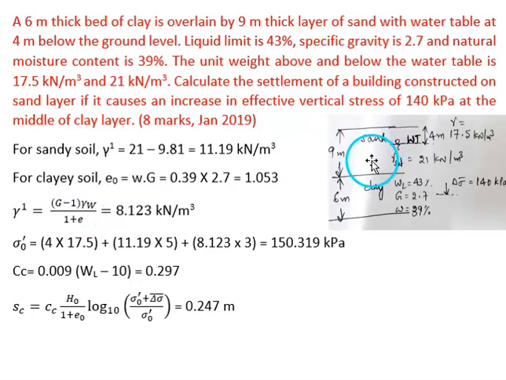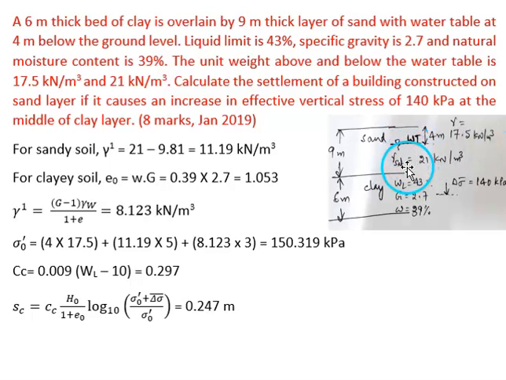So here two layers are there, a sand layer and a clay layer, and it is asked to estimate the consolidation settlement. Since consolidation settlement happens only in clay soil, we have to take the properties of clay soil only. For sandy soil above the water table, the value is 17.5 kN per meter cube.